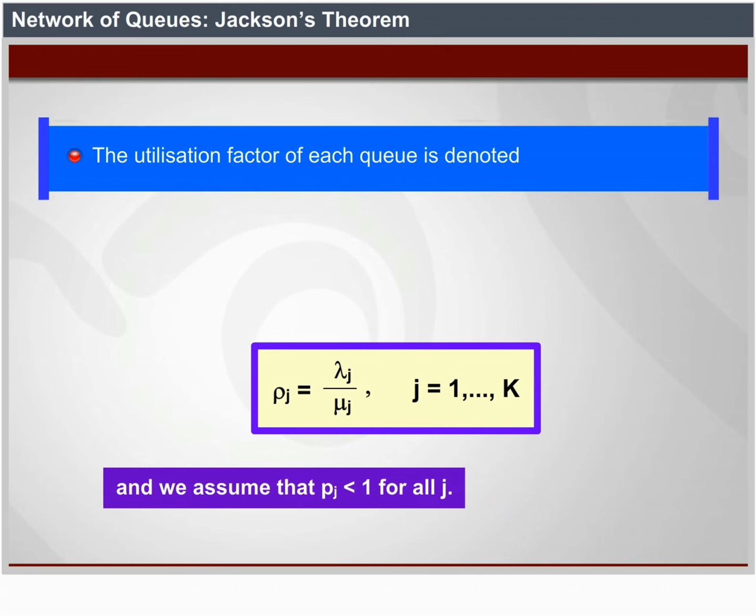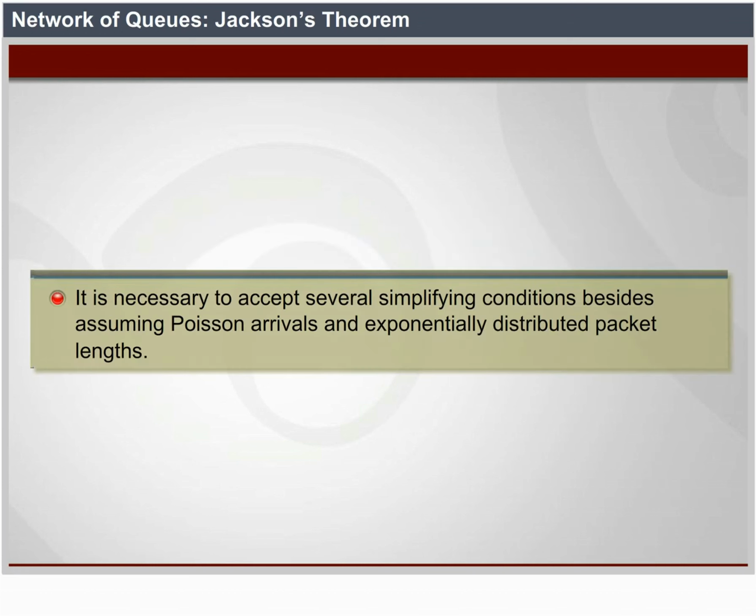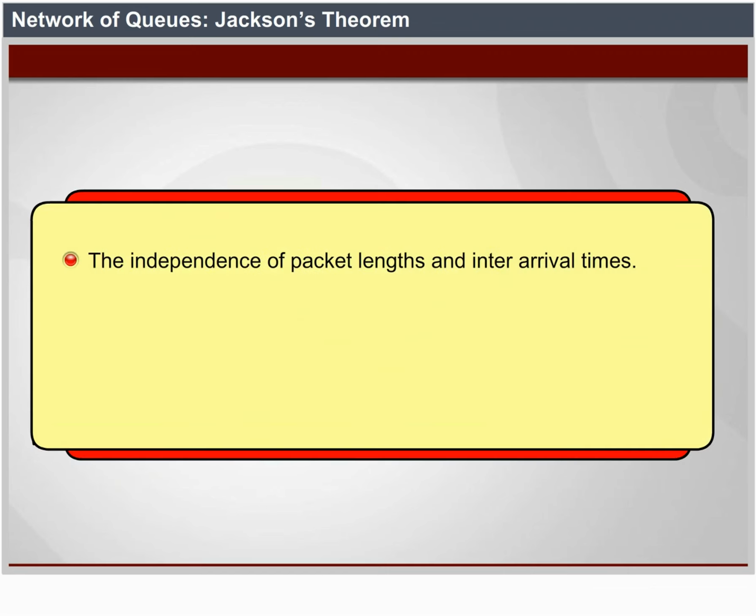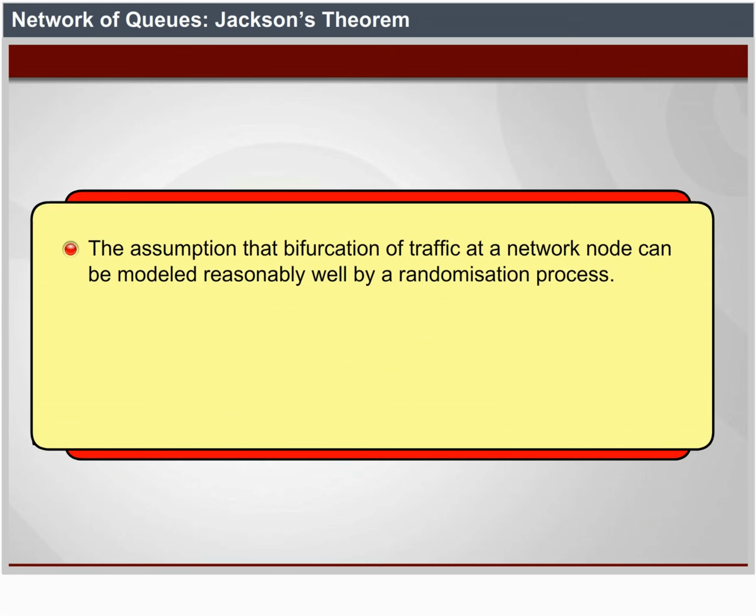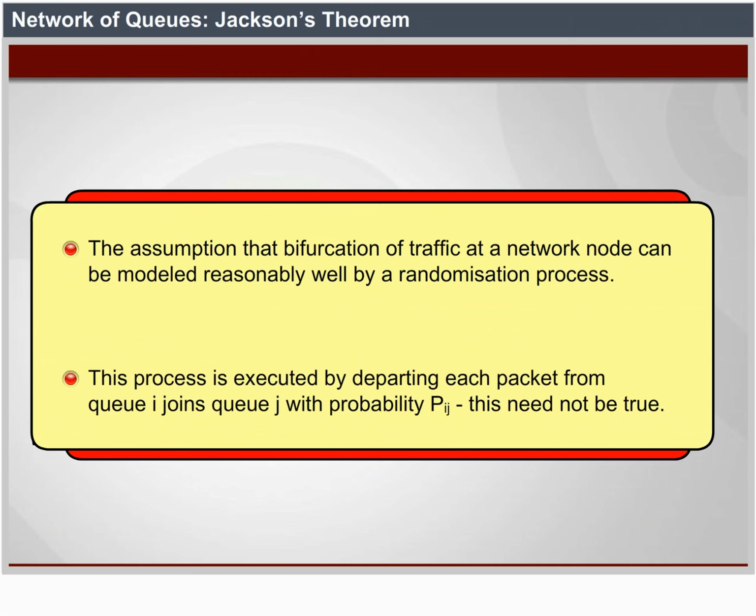It is necessary to accept several simplifying conditions in addition to assuming Poisson arrivals and exponentially distributed packet lengths. The independence of packet lengths and inter-arrival times. The assumption that bifurcation of traffic at a network node can be modeled reasonably well by a randomization process whereby each departing packet from Q_i joins Q_j with probability P_ij, this need not be true.